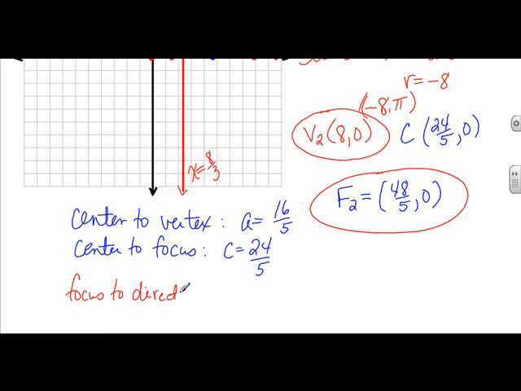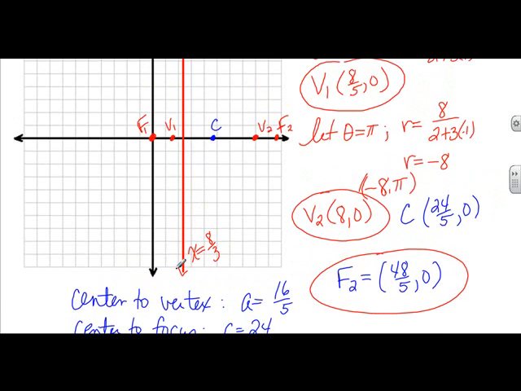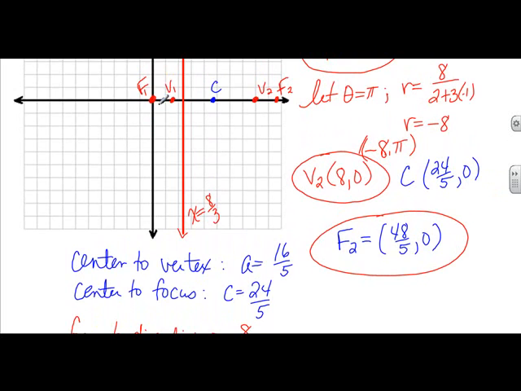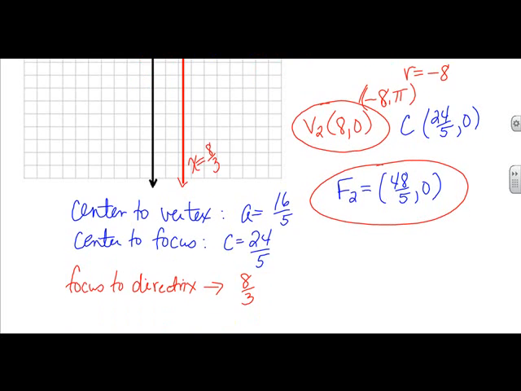So if our first directrix was 8/3 of a unit to the right of F1, our second directrix would be 8/3 of a unit to the left of F2. So 48/5 minus 8/3. I knew that didn't look right. That ends up being 104/15 equals x for our second directrix.